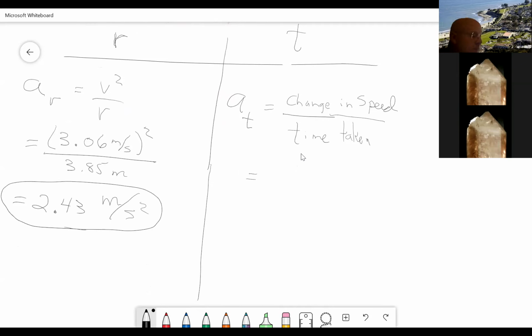So the change in speed and also the time taken is what they gave as the 2.1 meters per second each second, which I think in the problem wrote it as 2.1 meters per second squared.